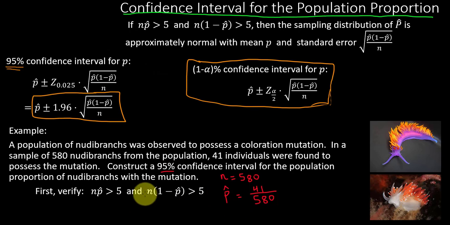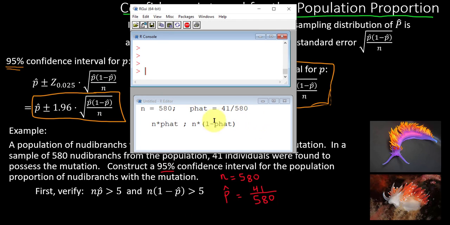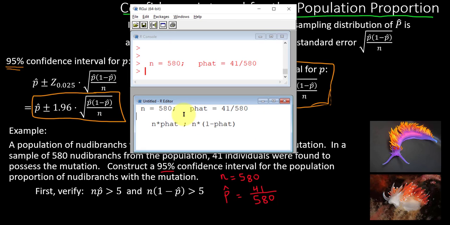And now I just need to do some multiplication. So I'll open up R just to perform this simple product. I've got n and p hat defined, and R, please perform those products. As we can see here, both are exceeding 5, so that allows us to state that the sample proportions follow a normal distribution approximately.